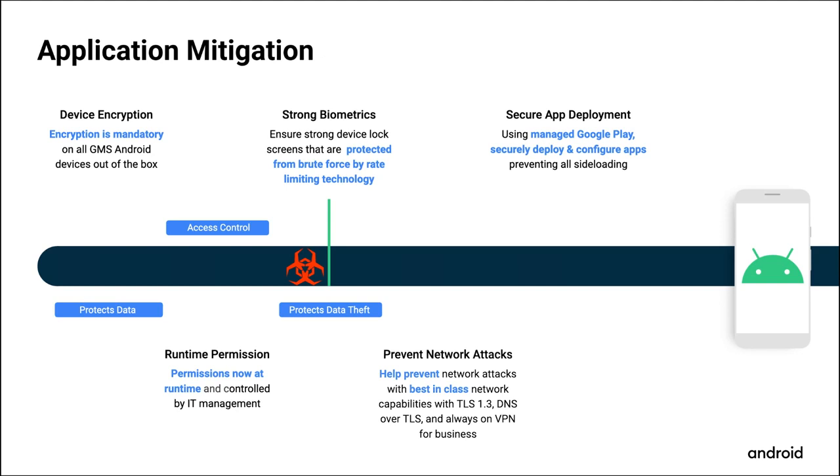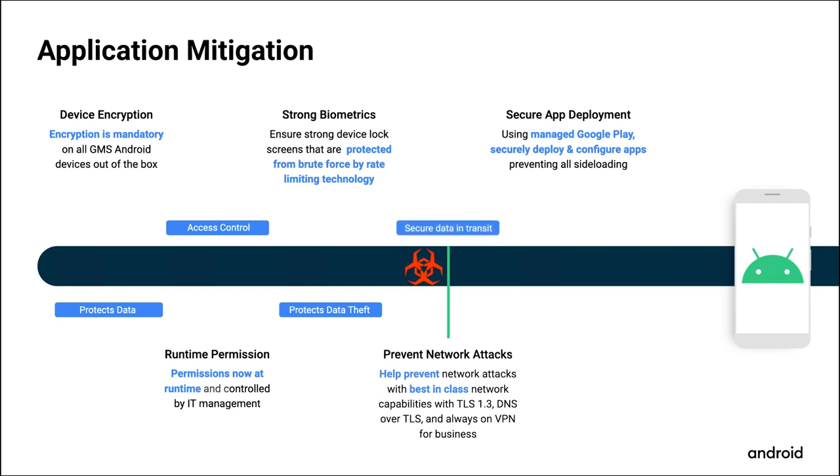So for example, a 6-digit passcode to be brute forced on the device now would take an exceedingly long period of time. We're talking years because of this rate limiting technology. Every time a missed passcode entry is tried, it exponentially gets longer before the next try can be taken. So that's how we've strengthened the capability of passcode protection using biometrics.